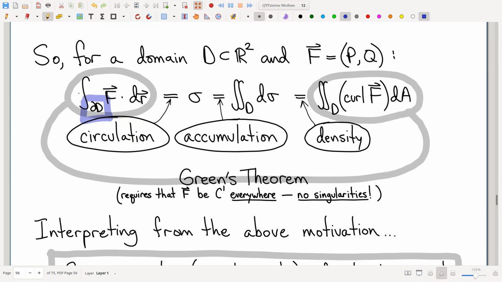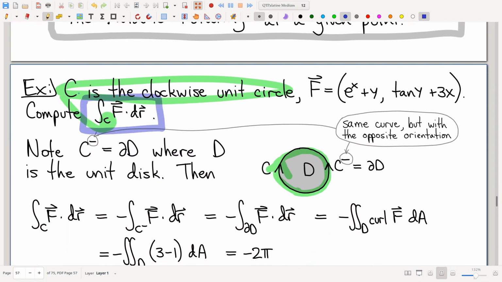That's important to why the theorem works. That cancellation that we saw on the interior shared edge is because of the orientation conventions on boundaries. So if I want to compute a line integral with a double integral, I've got to make sure that my domain curve is a boundary. Is this green domain curve a boundary?